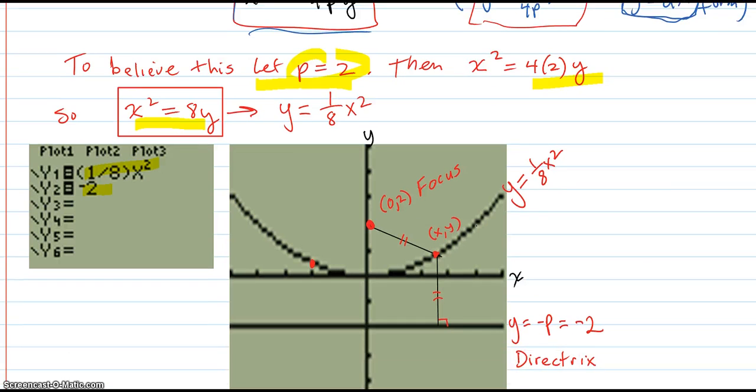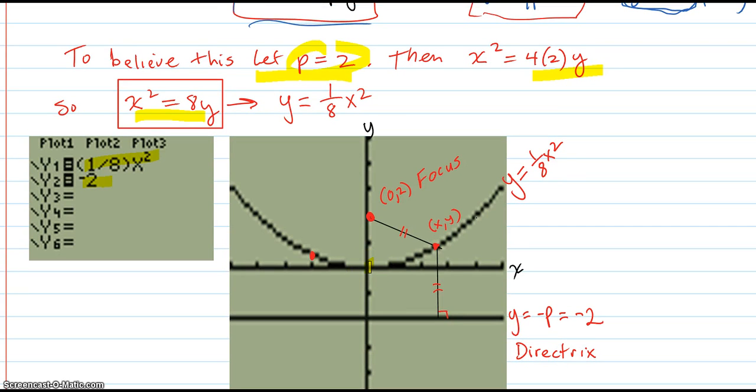The parabola has a vertex of 0, 0. We'll talk about later how you can move it around off of 0, 0. So anyway, we graph this, and we see the focus is going to be here. The directrix is over here at y equals negative p, which is negative 2.